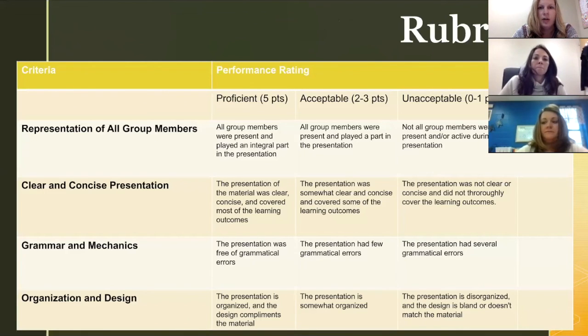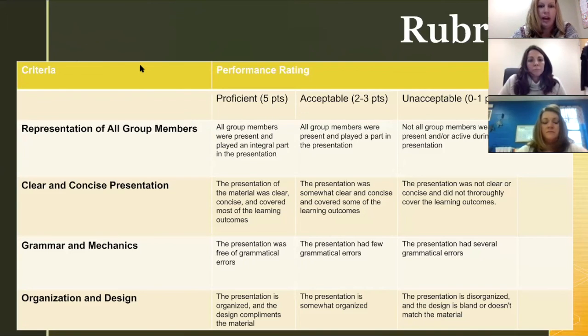All right, so after completing the professional development with the teachers that we have in attendance, we would give them this rubric to go over and grade us on how we presented the material.